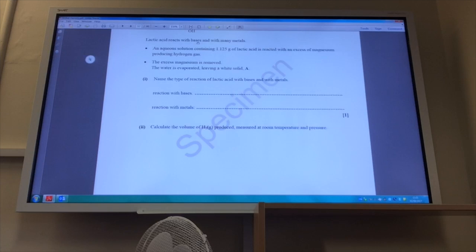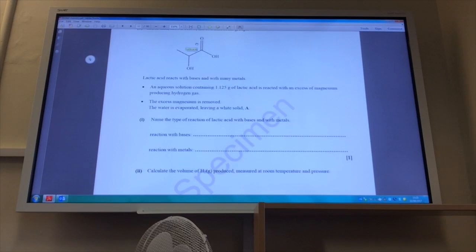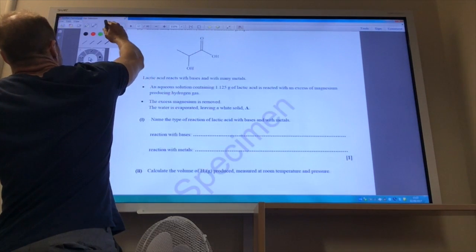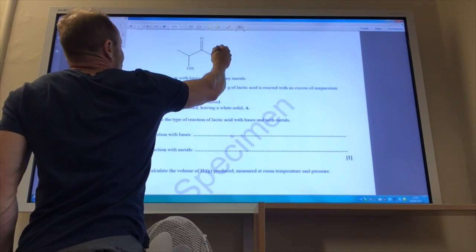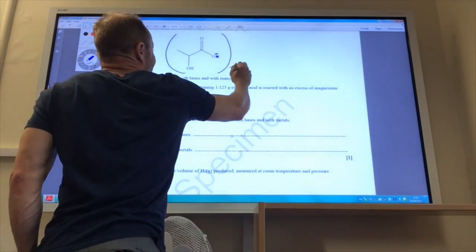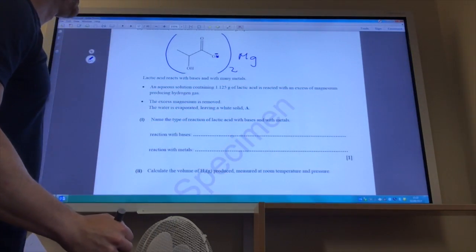Okay, so the first thing I need to do is realise that this is going to react with magnesium to give me that ion there, and I'm going to need 2 of those for the magnesium 2+ ion.